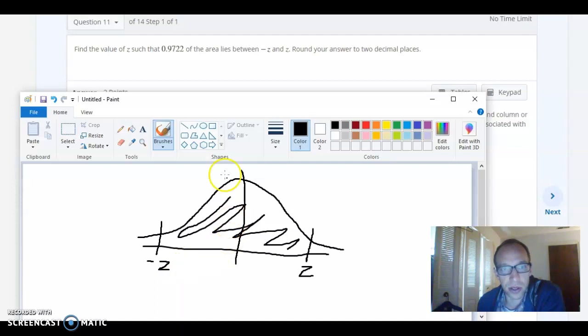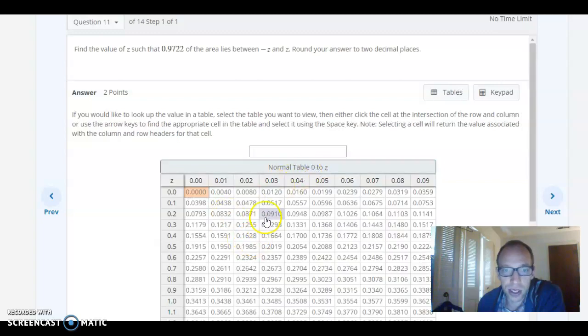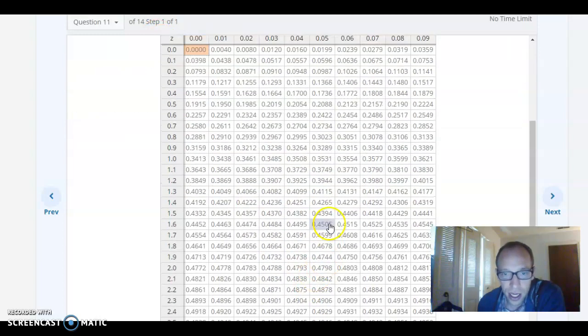And there's a couple ways we could do that. One way is we could split this number in half, so just divide this by 2. That would be the portion just in this area right here. And once we have that, we could use the normal table 0 to z, find whatever that number was, so 0.48 something. We would find that, and that would give us our z-score.